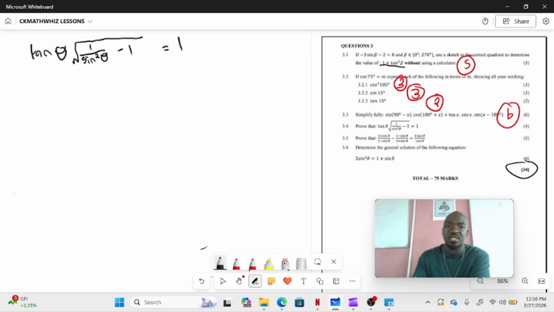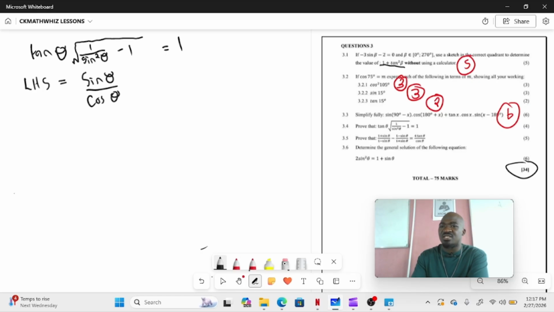Then here, with tan theta, we need to prove that this side is equal to 1. So in order for us to prove that, we can simply say the left hand side is equal to tan theta, or let me just change tan theta already from the get-go. It's going to be sine theta over cos theta.